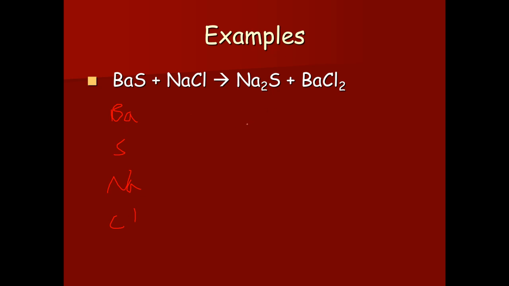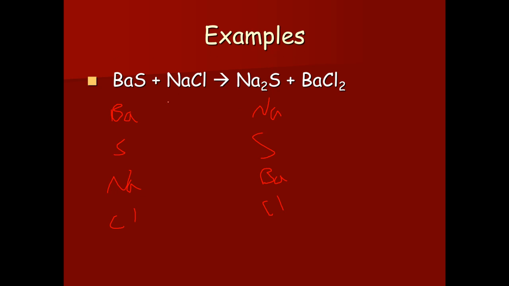Good. On this side I have sodium, sulfur, barium, and chlorine. Barium, barium, good. Sulfur, sulfur, good. Sodium, sodium, good. Chlorine, chlorine. Fantastic, I have the same elements on both sides. Okay, so that's step one.